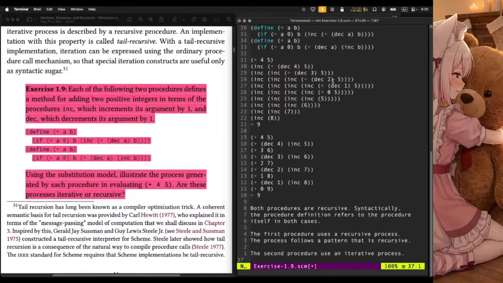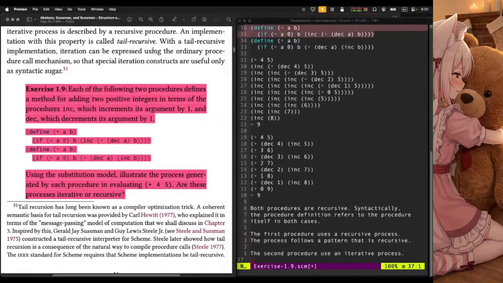So I wasn't really understanding how the first case would call the procedure plus, but I didn't understand what would happen. I thought it would just terminate once A got to 0, and then it would be 5. But I didn't understand stacks.